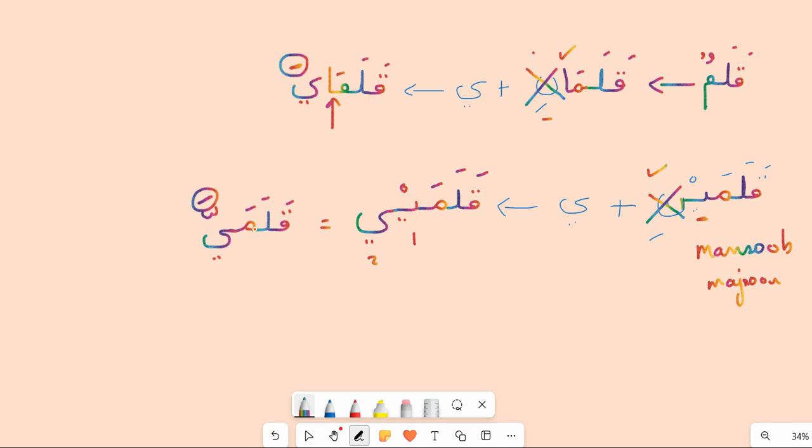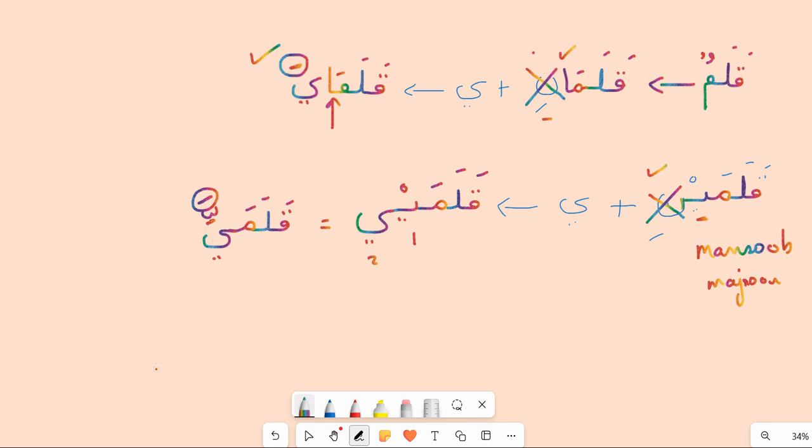So this is not the previous letter before the ya mutakallim. So don't get confused. Simple. The fatha over the ya mutakallim is maintained throughout, and in the mansoob and the majroor case you will see a shadda, and now you know why there is a shadda. So we have a structure qala maya, and in mansoob and majroor we have qala mayya.